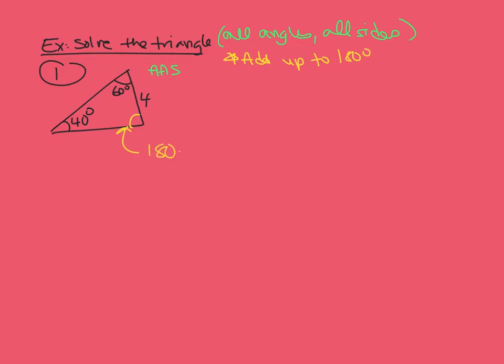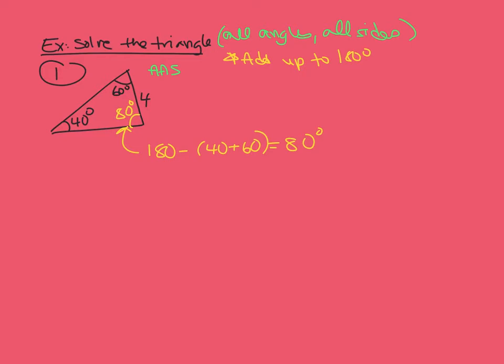So you're just going to do 180 minus 40 plus 60, which gives us that the final angle is 80 degrees. It actually looked close to 90. It would have been nice if it was 90, then you could just use trig functions, but in this case it's not, so we do have to use the law of sines.